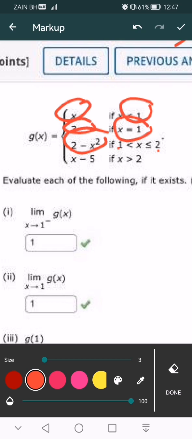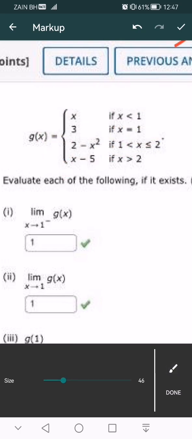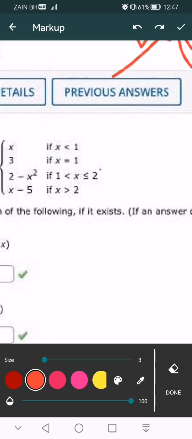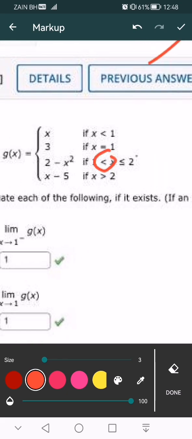It is greater than 1, so you cannot use it at 1. I have to put x in the middle and read right and left. So x is less than or equal to 2 and x is greater than 1.